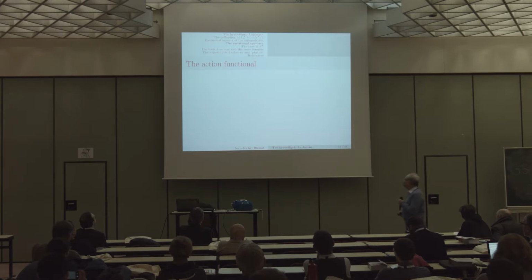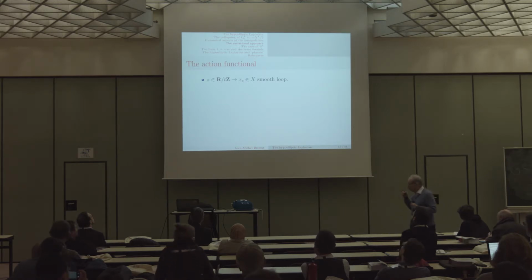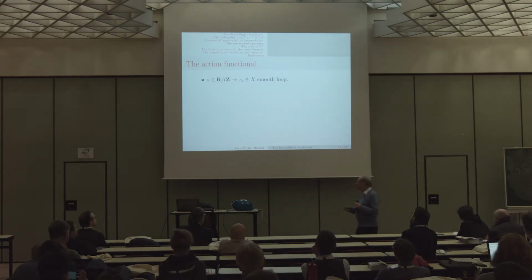Now, let me approach the hypoelliptic theory from the variational point of view. I will introduce an action functional. I will look at loops, limiting myself not to paths but to loops, parameterized by [0, T].